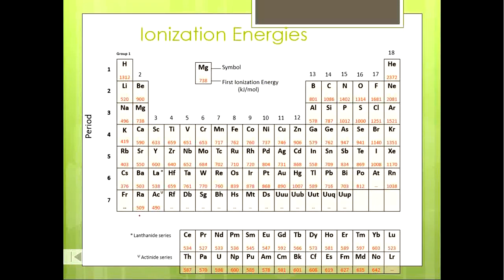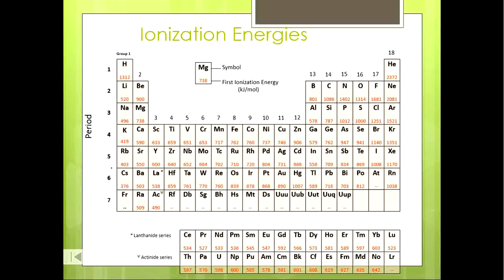So if you take a look at this chart, this shows you the different ionization energy values. You can see that the highest in group 1 is hydrogen. It has a high ionization energy value, meaning it doesn't want to let go of that electron, so it's going to take a lot of energy to strip that away.